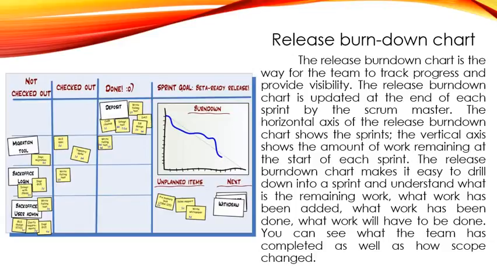The release burndown chart makes it easy to drill down into a sprint and understand what the remaining work is, what work has been added, what work has been done, and what work will have to be done. You can see what the team has completed as well as how scope changed.